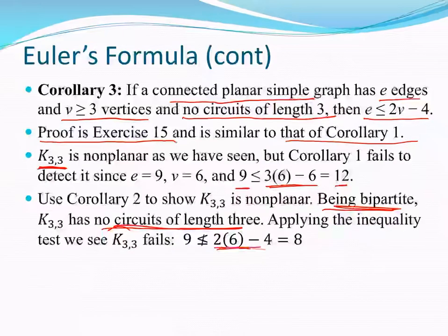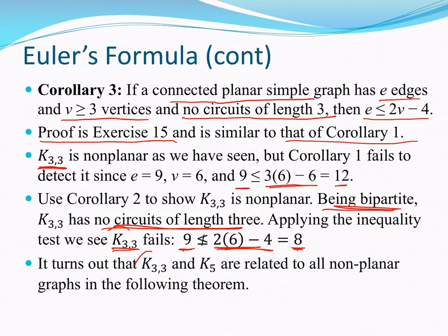So twice the number of vertices minus 4 gives us 8, and 9 edges is not less than or equal to 8, so it fails the test for planarity, and K3,3 is also non-planar. So K5 and K3,3 are proven non-planar by these two corollaries.